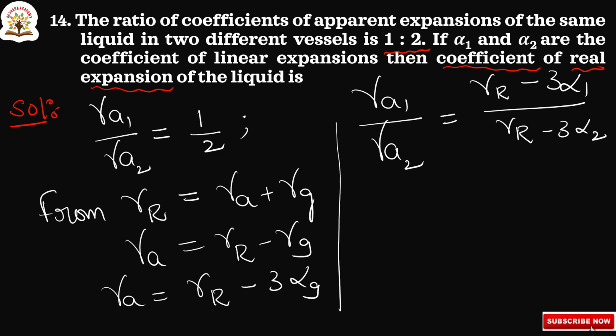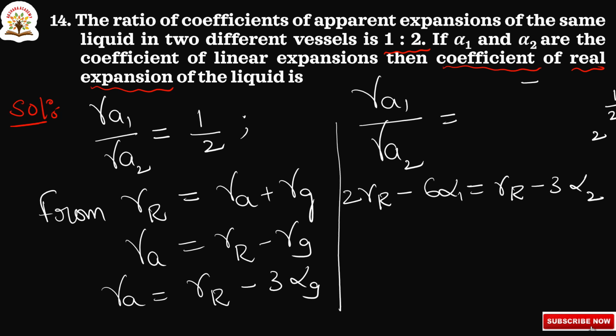That is equals to, they given as 1/2. So here by taking cross multiplication, 2 into gamma R minus 2 3s are 6 alpha 1 is equals to gamma R minus 3 alpha 2.